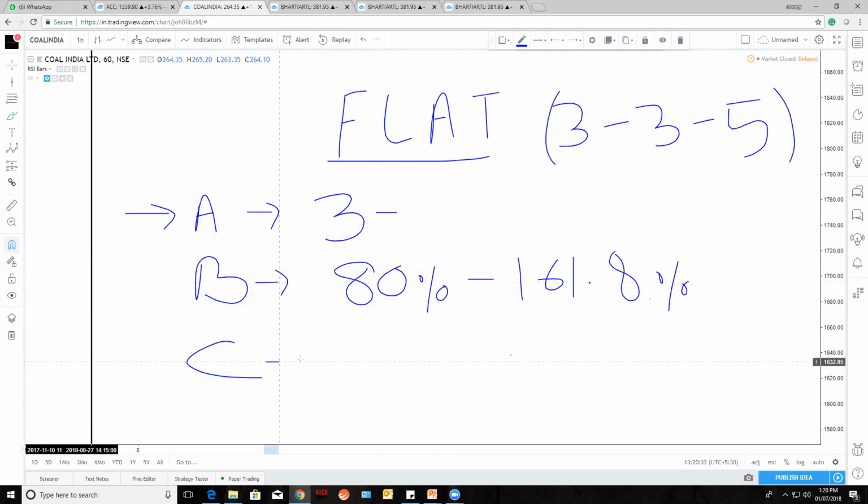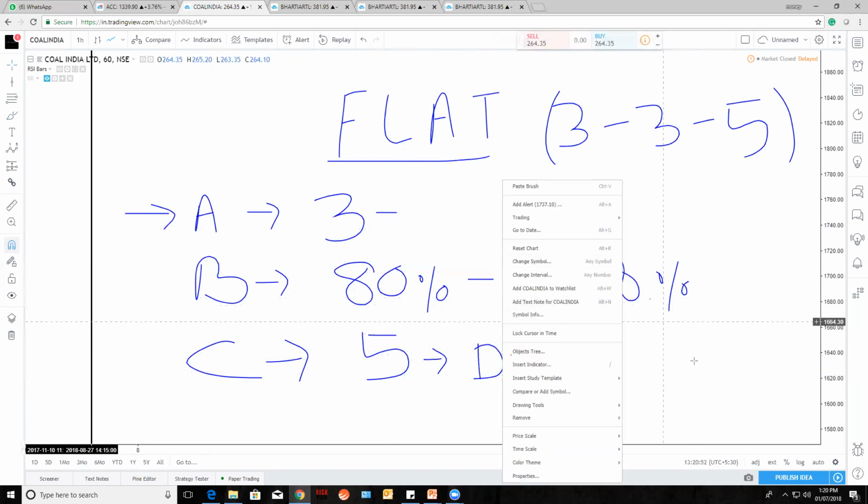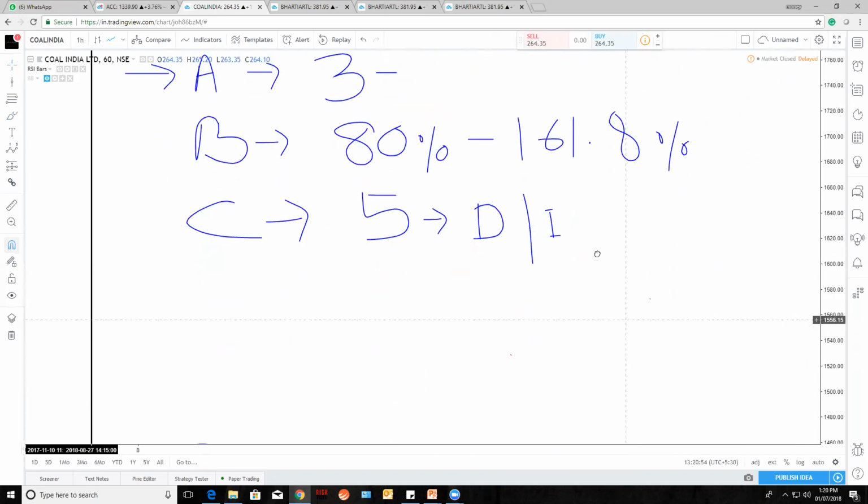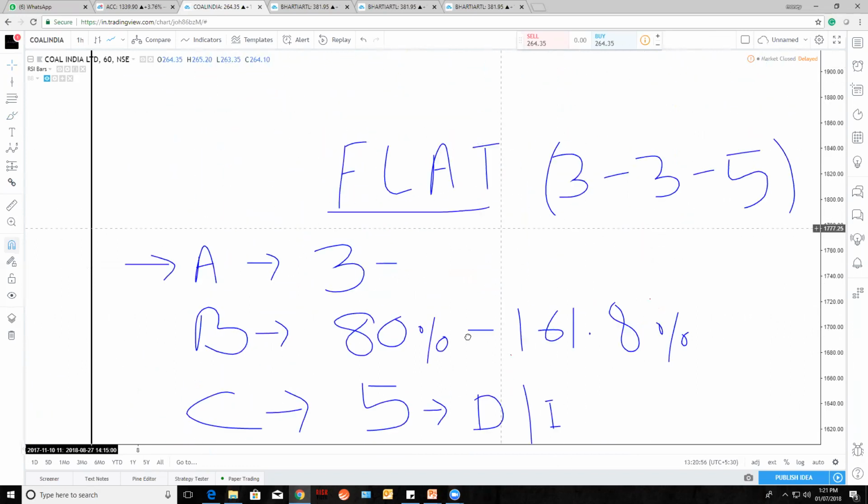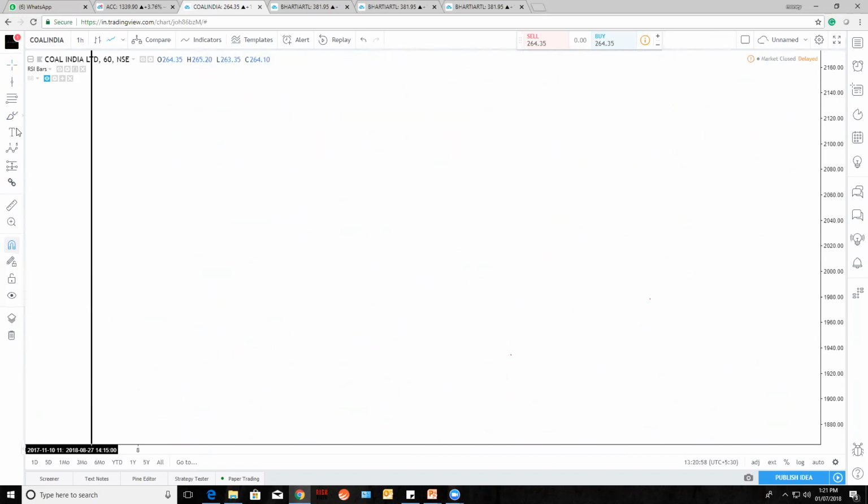And wave C is again a five-wave structure, and it can be a diagonal or an impulse. Got it? In a flat, there is a chance of B being 80 to 161%.